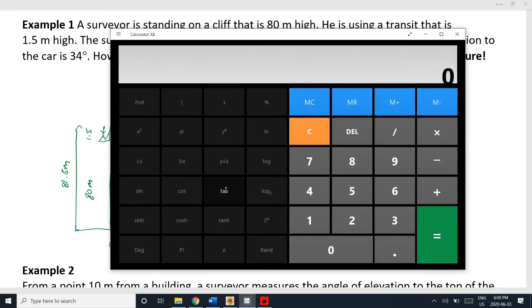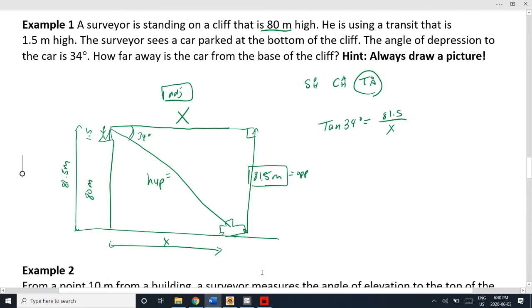So tan 34 is equal to 0.6745. So 0.6745 is equal to 81.5 over x. Now to solve for x, we can multiply x on both sides, and that's going to cancel x over here. So we're going to get x times 0.6745 is equal to 81.5.